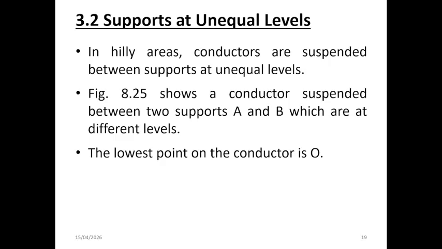This asymmetry significantly affects the distribution of sag and tension along the conductor. Therefore, a more detailed analysis is required to accurately determine the position of the lowest point as well as the corresponding sag and mechanical stress. Understanding this case is essential for the reliable design and operation of overhead transmission lines in real-world environments.